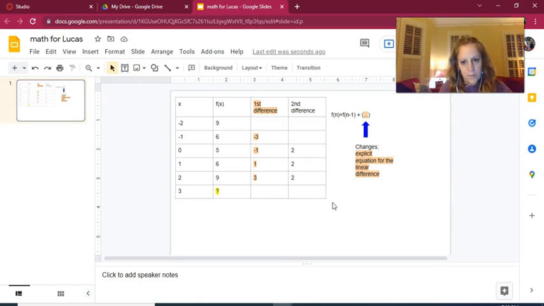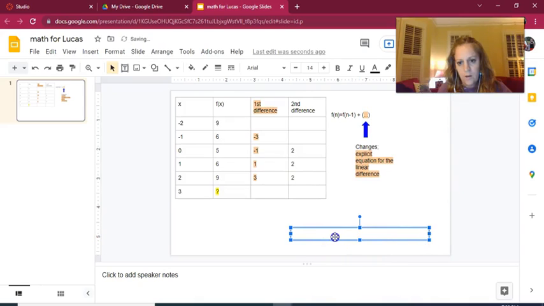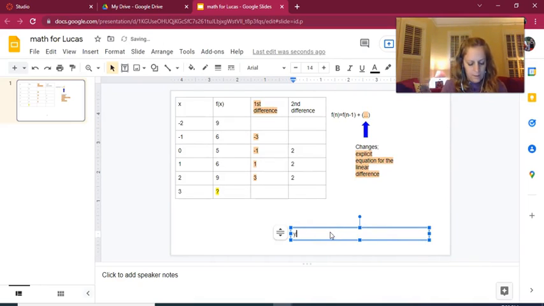So then the explicit equation, if you remember, for a linear equation, because that first difference is linear, is y equals mx plus b.